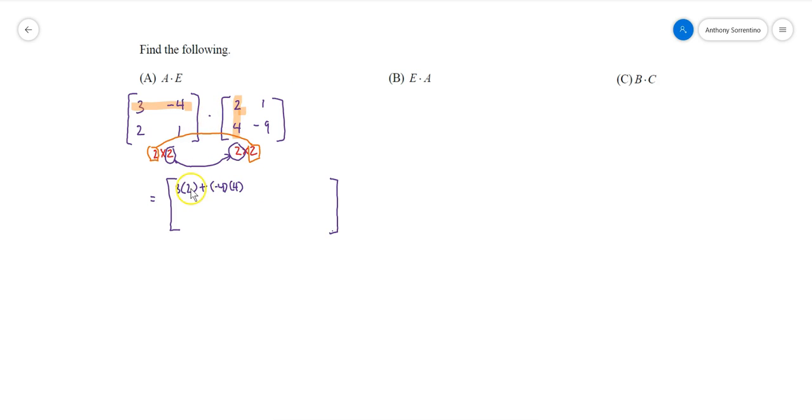For row 1, column 2, I'm now going to go down this column on the second one. So when I do my operations, I'm going to have 3 times 1 plus -4 times -9.